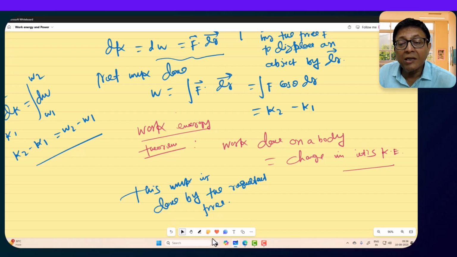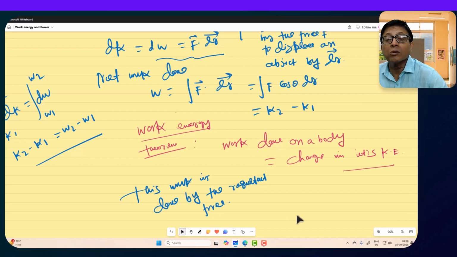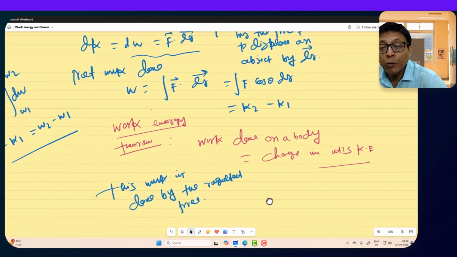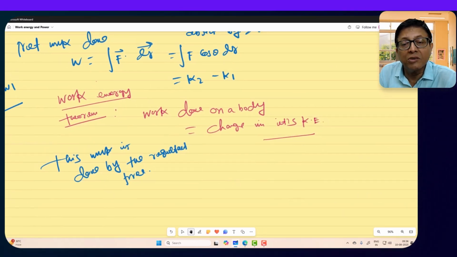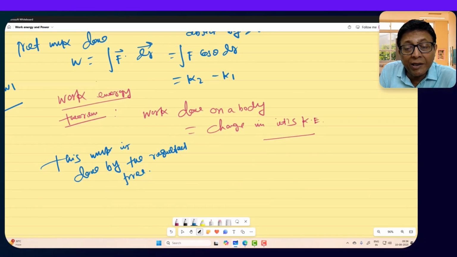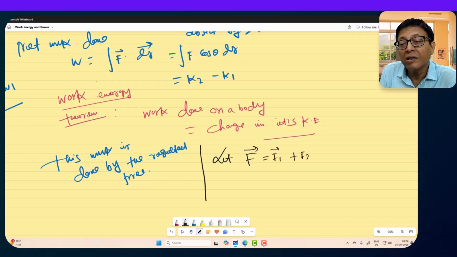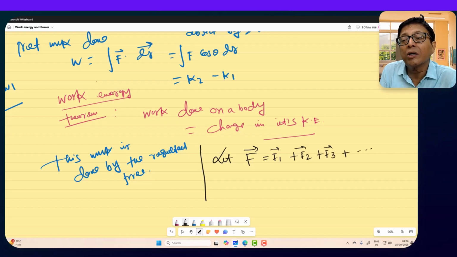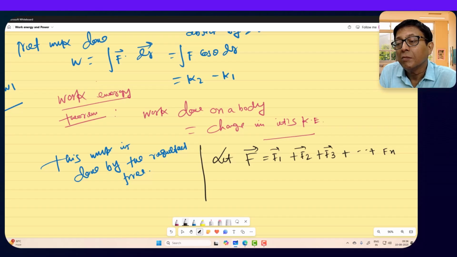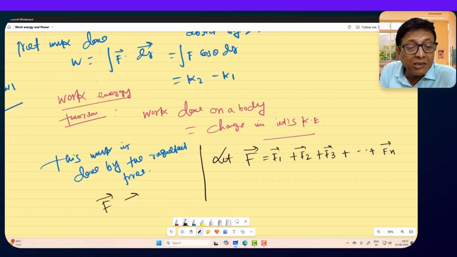Let us try to understand. This resultant force means sum of all the forces. So if we take F equal to F1 plus F2 plus F3 and so on, these are the individual forces, and F stands for the resultant force.